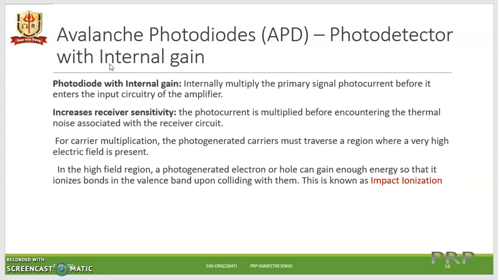So, APD or avalanche photodiode is a detector with internal gain, and this is a distinguishing factor from the PN and PIN photodiode.